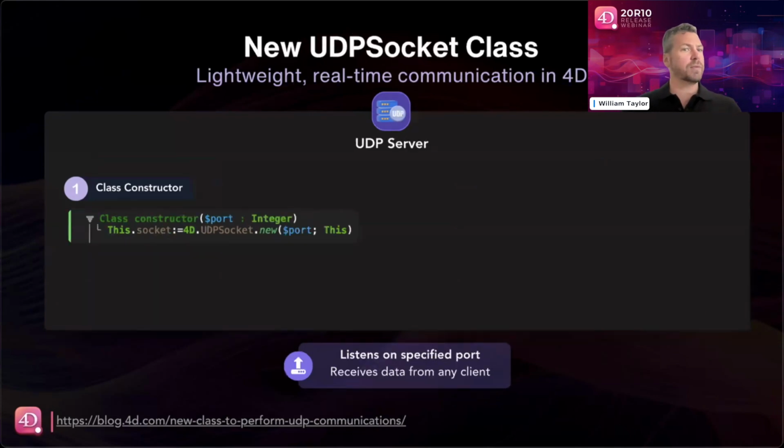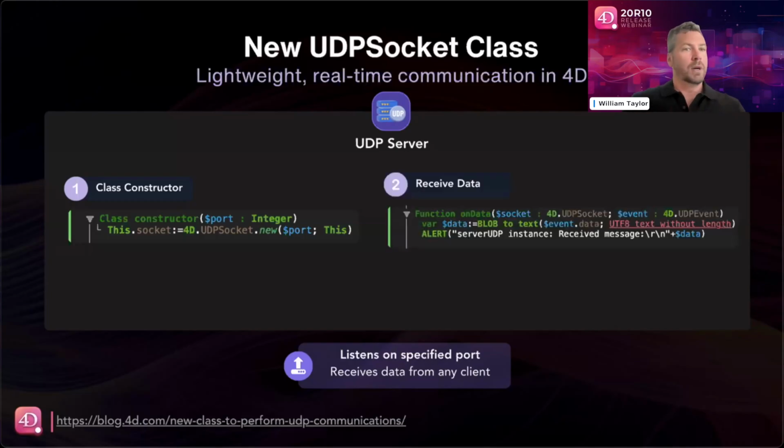Well, speaking of UDP server, to build a UDP server, it's just as easy. You'll need the same native UDPSocket class plus a listening port where you're going to be listening. Then a message comes in with your on data callback. That gets triggered automatically when a message comes in, letting you process the data in the way that you want.